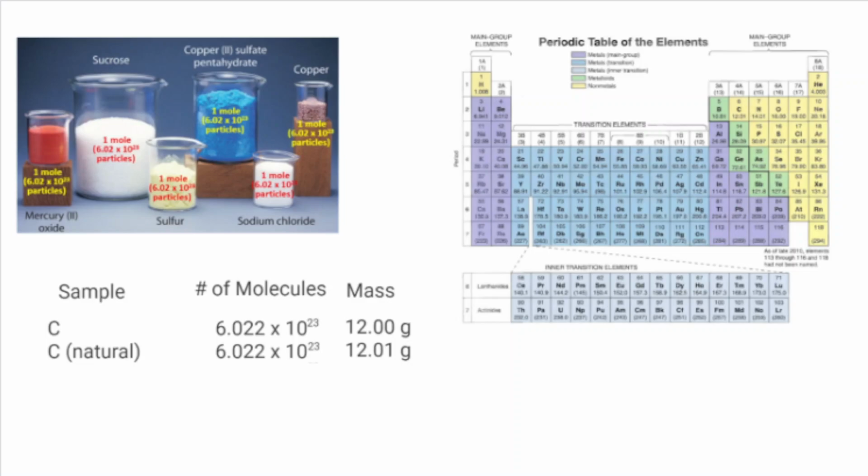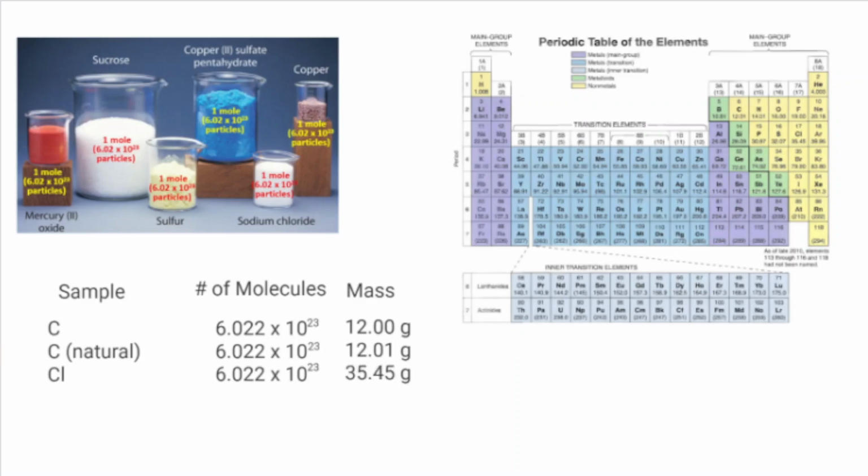That would be a mixture of carbon 12 and carbon 13, some other isotopes as well. But on average, they will weigh 12.01 grams. So this is the exact same value you see on your periodic table for the atomic mass. So if you found 12.01 grams of carbon in the natural Earth, that would be 1 mole of carbon.